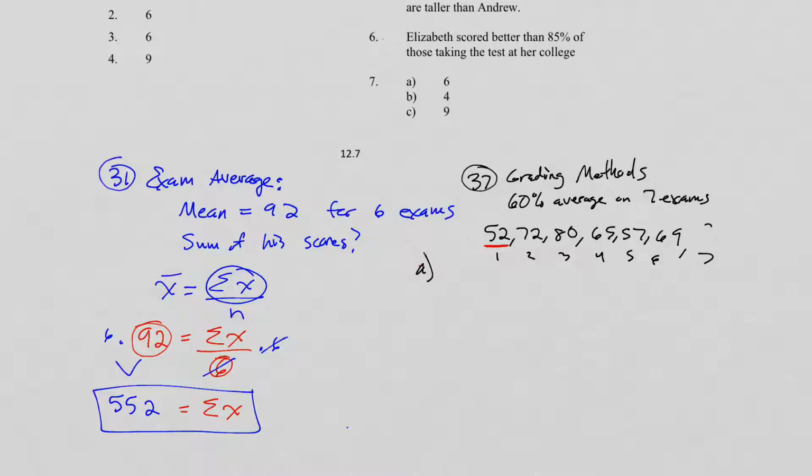Her last exam, we don't know. Her 7th exam. So what grade must she receive on her last exam to pass the course? Well, it's not going to be that much because she has pretty good scores if her goal is to pass with a 60, which is not a great goal. That's the bare minimum. So basically, we want to sum up the scores.